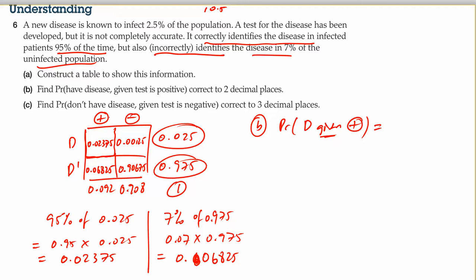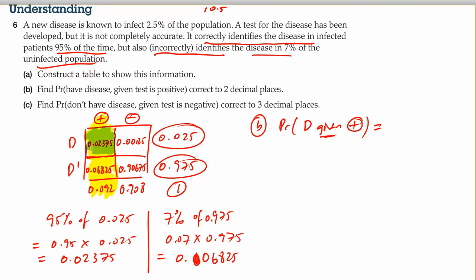Given that they're positive, we're looking at this column, because this is where it's positive. Given that, what is the probability of them having the disease? From the table, they have the disease here.